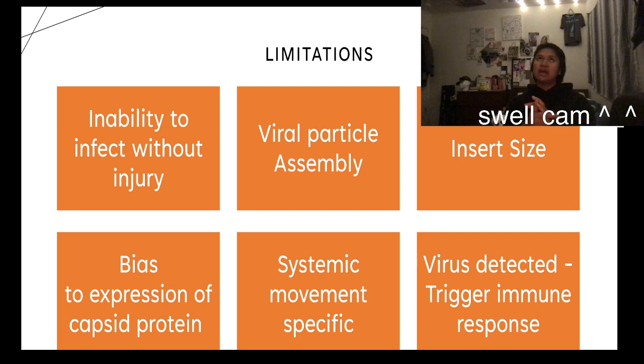As well, there was a bias to the expression of the capsid protein of the virus. So rather than producing your protein of interest, there was also production of the capsid protein, and it took a bias towards it, meaning that it allocated more resources to producing the capsid protein rather than your protein of interest, which resulted in a lower yield.